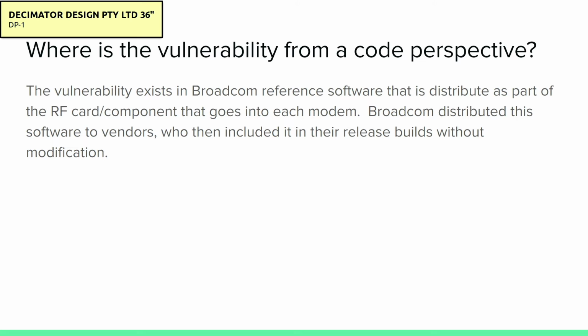For example, this is a Surfboard modem. It's not Motorola's code or Arris's code, whoever the manufacturer is, but it's Broadcom's code. So the Surfboard people get this from Broadcom. They don't really look at it. They just assume, hey, it's not our code, it's probably been vetted somewhere else, so let's just roll it into our final product without really any review. And I think that's how this happened.